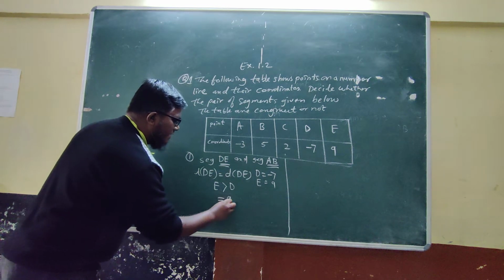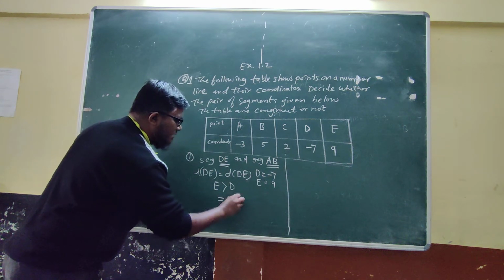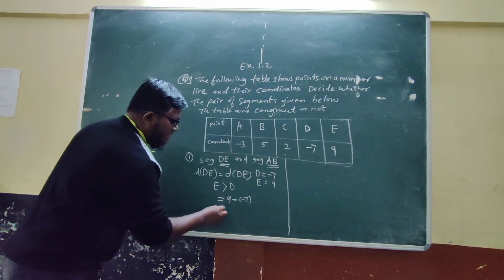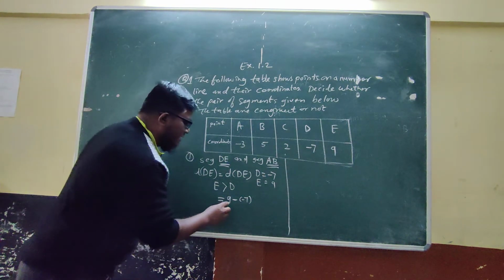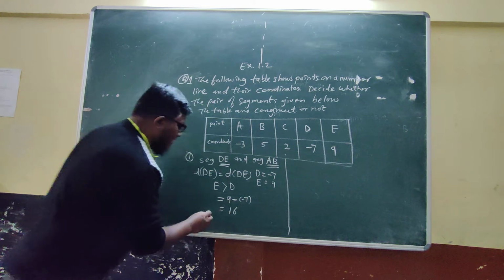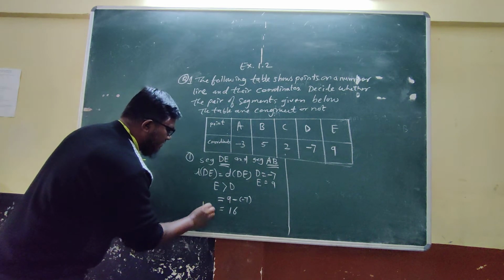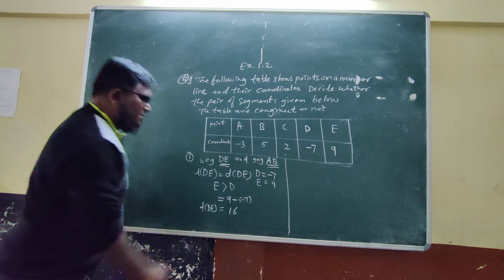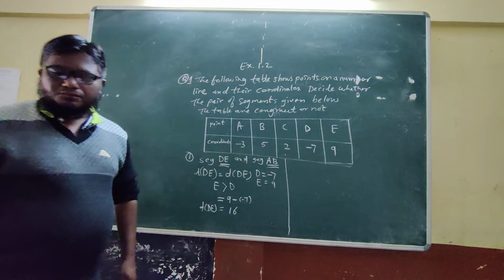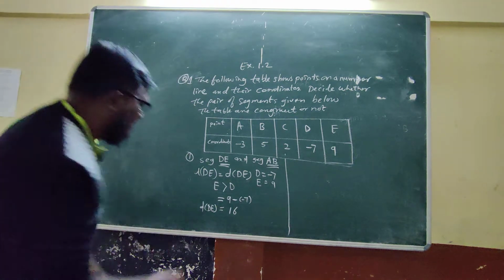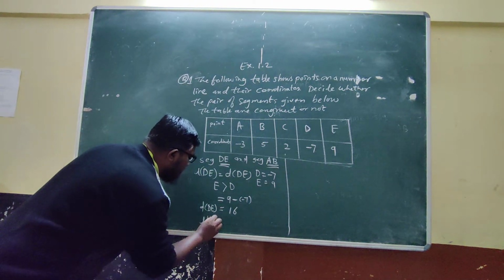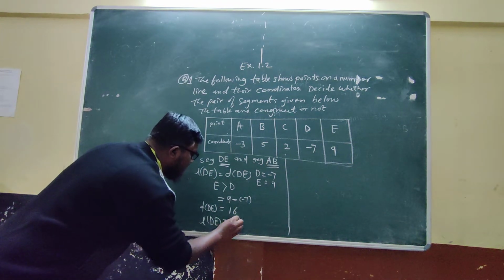Therefore 9 minus (-7); when we open this bracket, minus minus becomes plus. 9 plus 7 becomes 16. So the distance of DE is 16, therefore the length of DE is also 16.